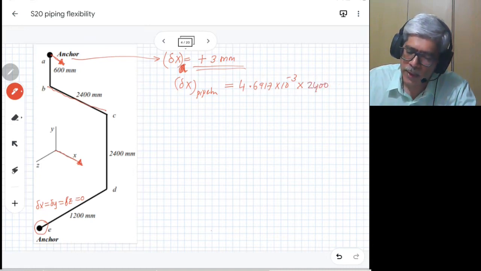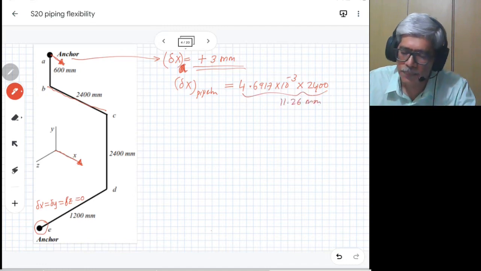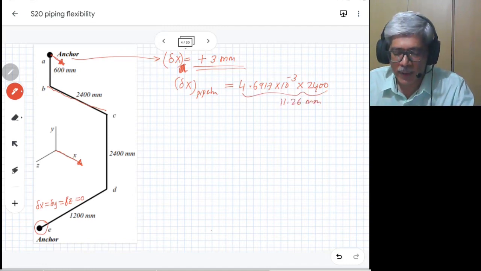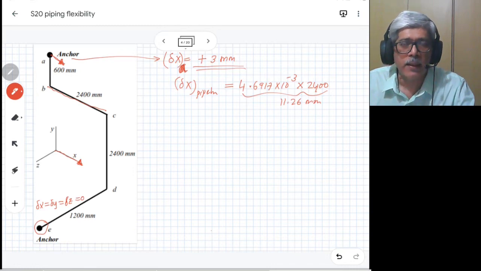This value we had calculated as 11.26 millimeter. So if points A and E are restricted, then this 11.26 millimeter expansion will be fully constrained.